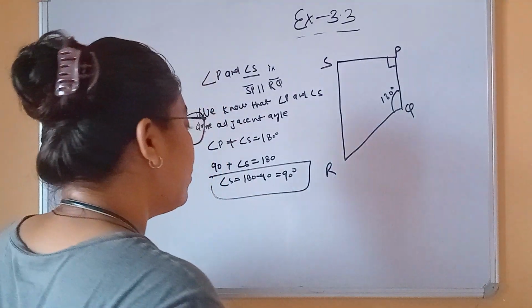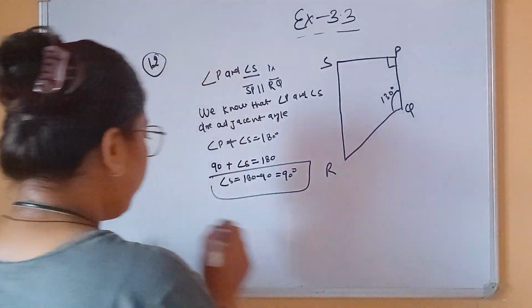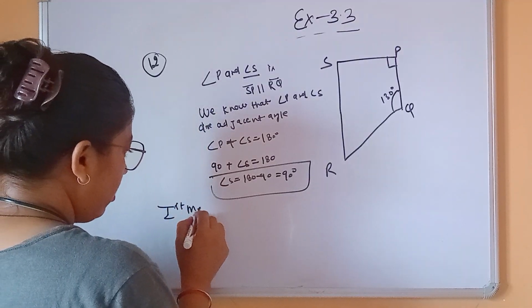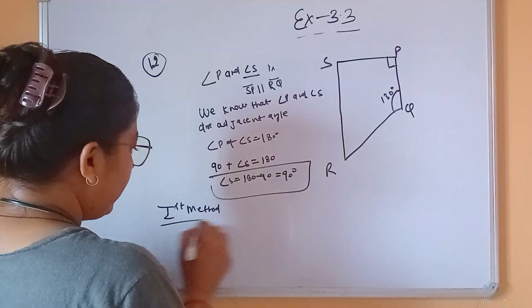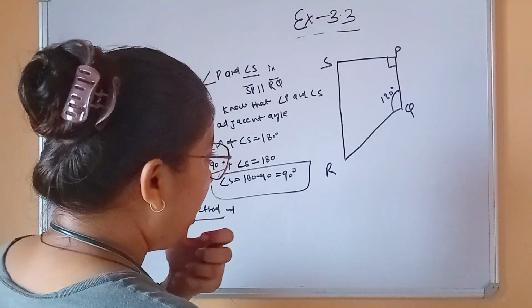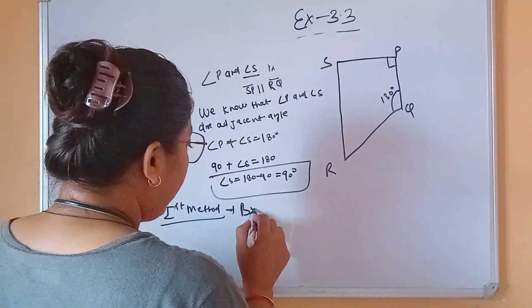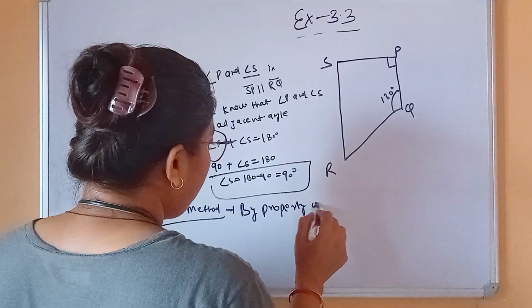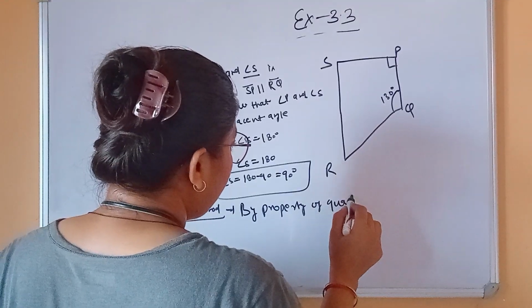So let's take the first method, by the property of quadrilateral.